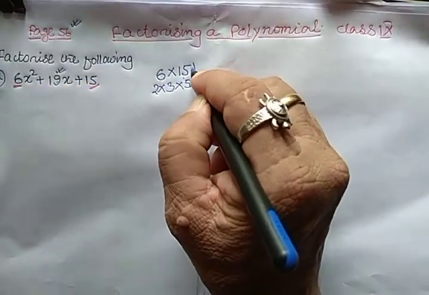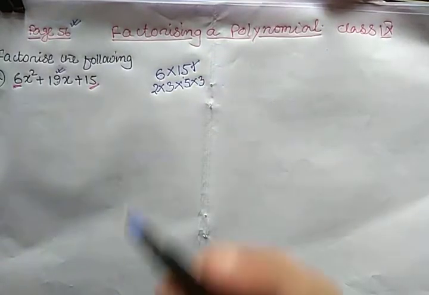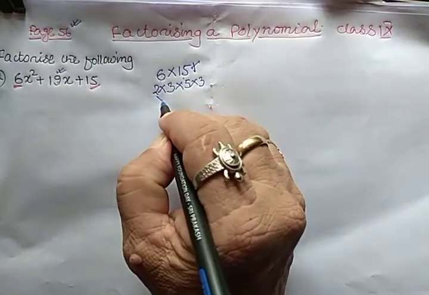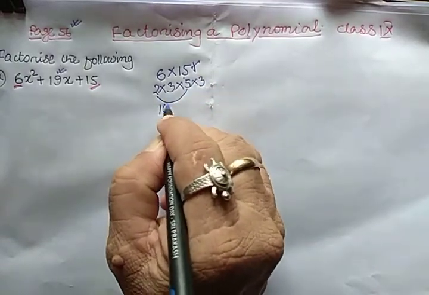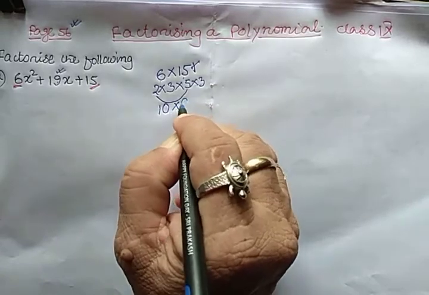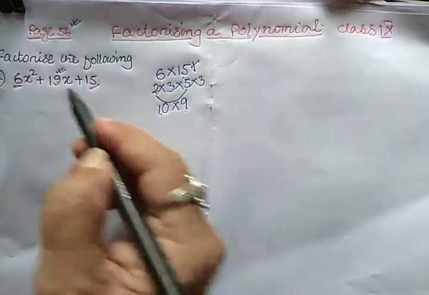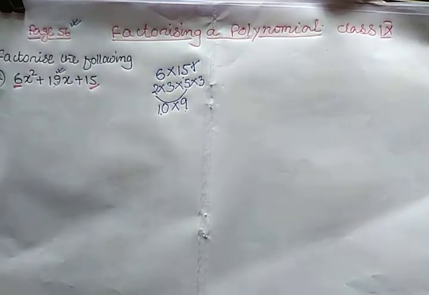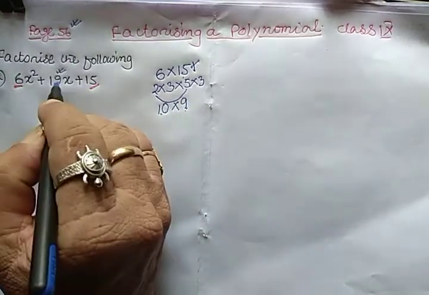So that is wrong. I split like this: I multiply 5 and 2, 10. 3 and 3, 9. If you add this 10 and 9, you get 19.